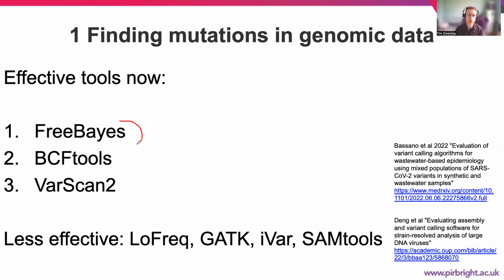We're going to use a mutation caller called Freebayes, which is very good. It does local de novo reassembly to call SNPs, and then also BCFtools. We don't have time to use VirScan2, but they're the best 3 based on my limited reading, certainly for viruses. Less effective are LoFreq, GATK, iVar, and SAMtools. SAMtools is quite old, and the other ones don't work quite as well for viral data.